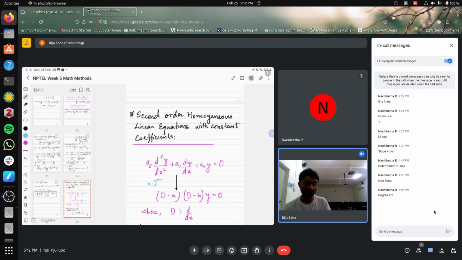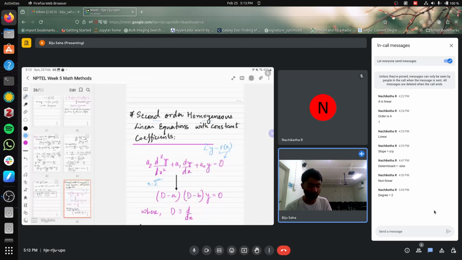Remember, at the very beginning I said if you write a differential equation in terms of an operator, then L of y can be written as giving you f of x. So if your f of x is 0, the differential equation is homogeneous. You see directly here f of x equal to 0. So that is why it's homogeneous. And it is a linear equation because a0, a1 and a2 are constant coefficients. So that makes it linear.